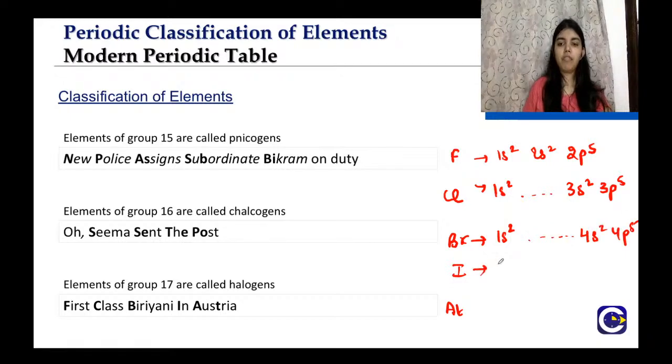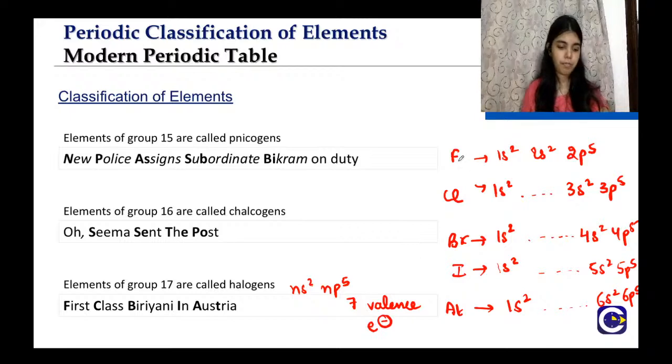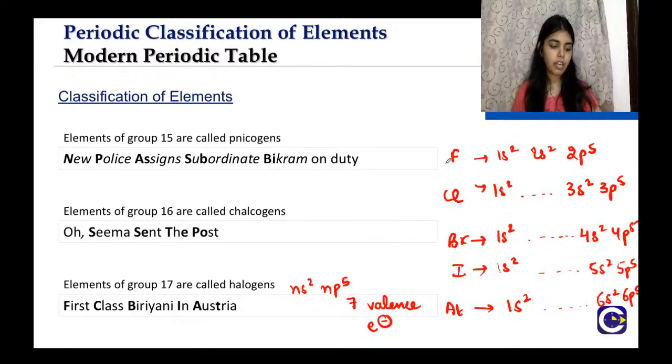Iodine will be from 1s2 to 5s2, 5p5. For astatine it will be from 1s2 to 6s2, 6p5. So the general electronic configuration of group 17 is ns2 np5 having 7 valence electrons, that means 7 electrons in the valence shell.